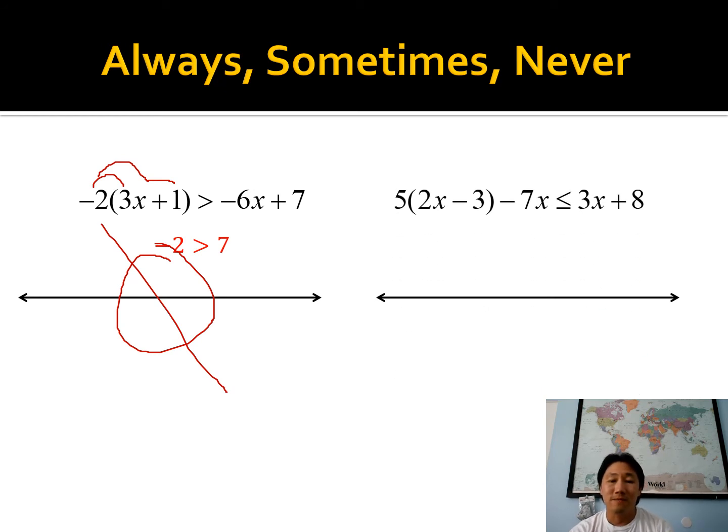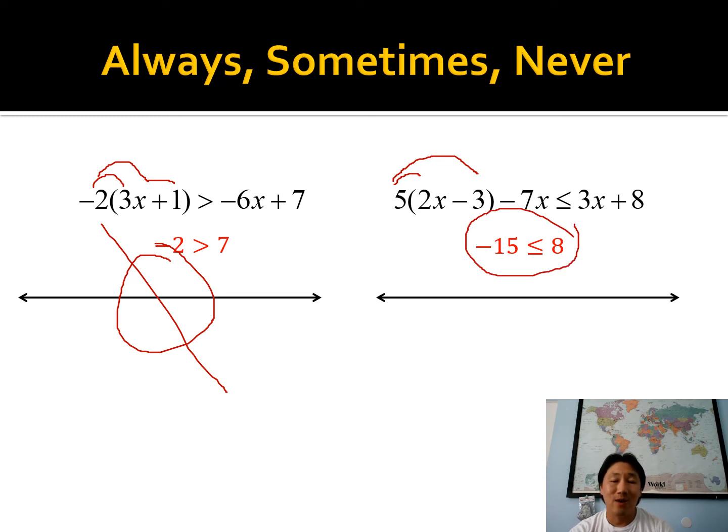Let's try this one. If you try to distribute this, combine some like terms, solve it out, guess what happens? The x's disappear again. It just goes away. And you're left with negative 15 is less than or equal to 8. Then you just have to ask yourself, well, is negative 15 less than or equal to 8?